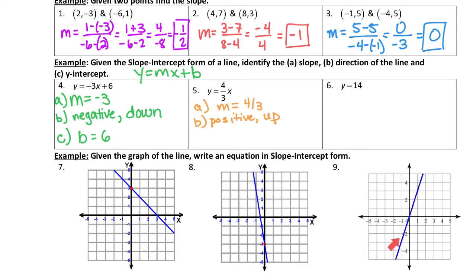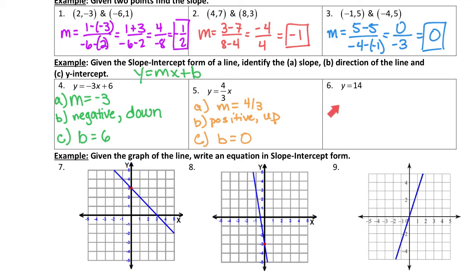So this would be a positive slope. And finally, that number being added on or subtracted. In this case, nothing's being added or subtracted, so that means our y-intercept is 0. There doesn't exist one, so in math, we just call that 0.